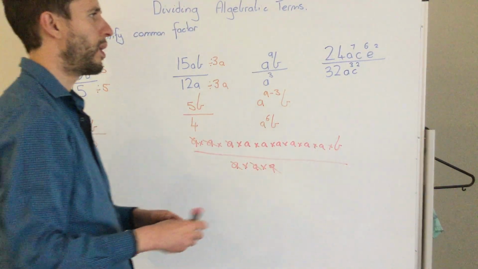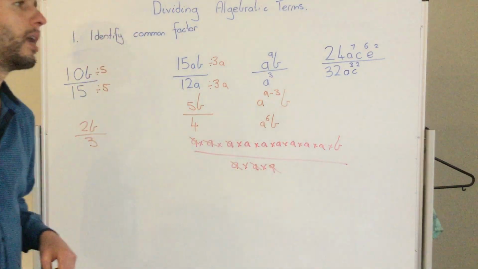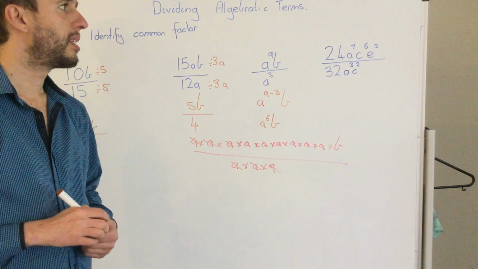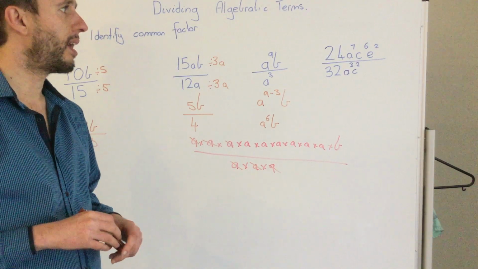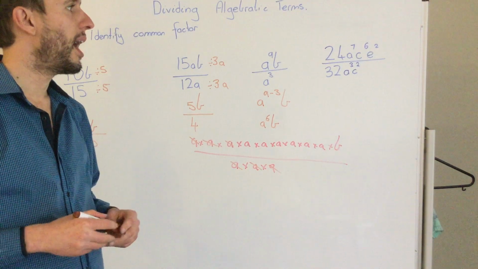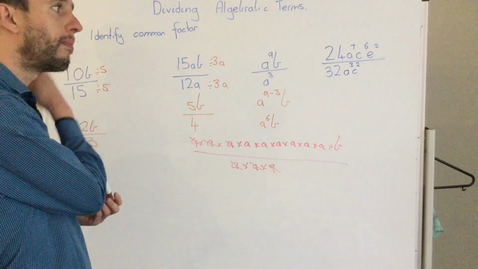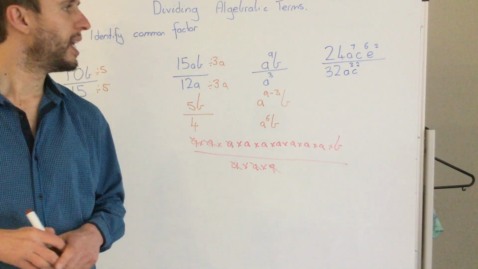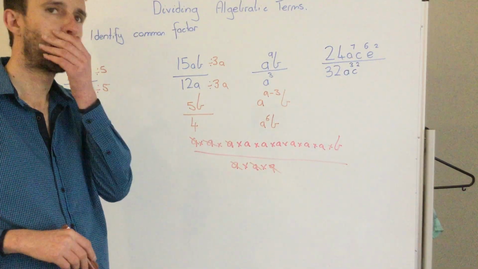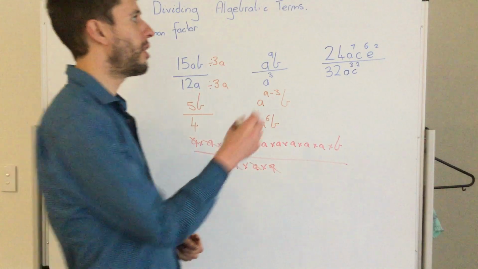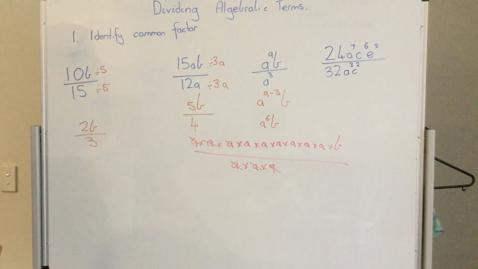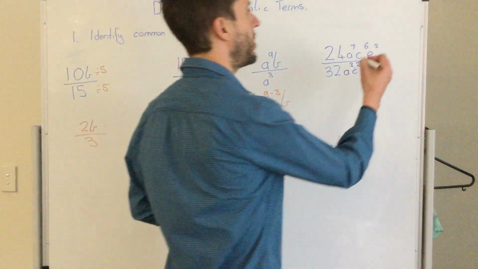The lucky last question is 24 a to the power of 7 times c to the power of 6 times e to the power of 2, divided by 32 a to the power of 3 times c to the power of 2. So first thing I'm going to look at is the common factor between both of them.